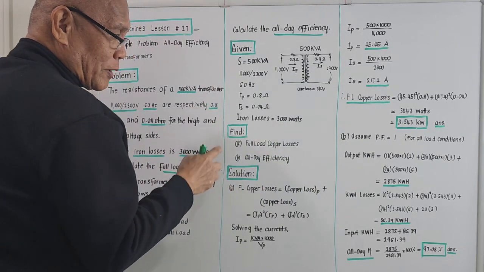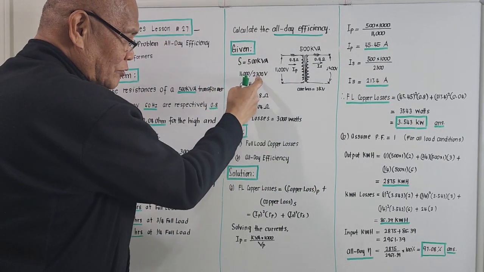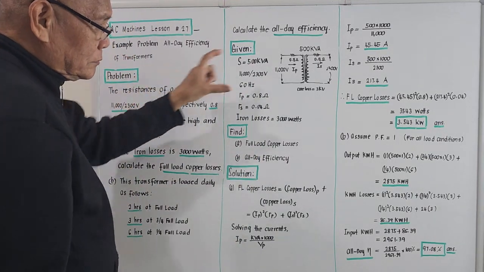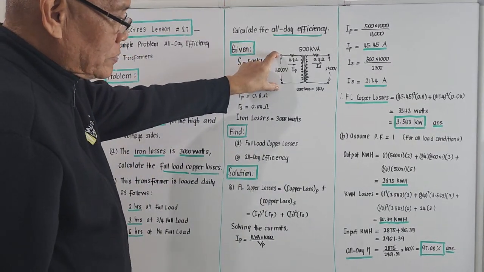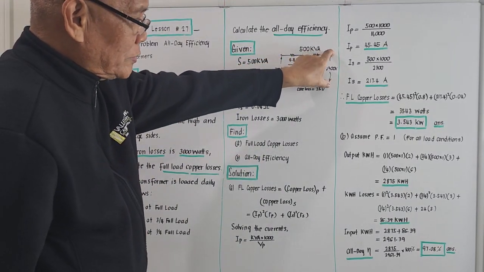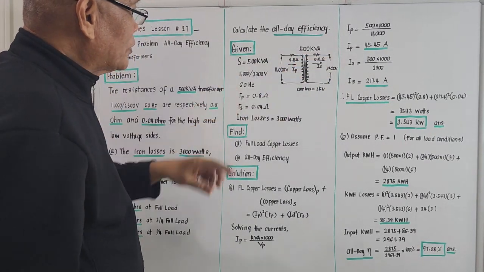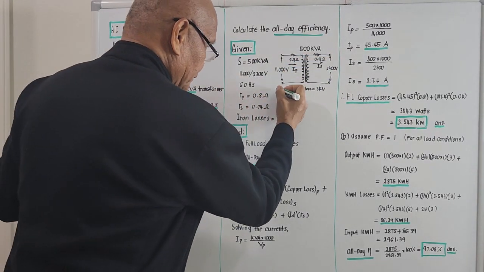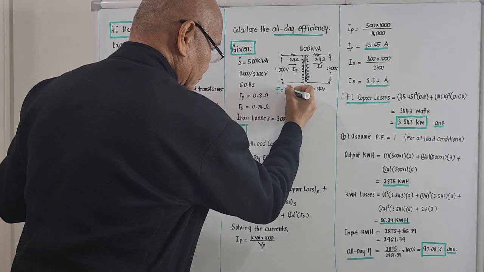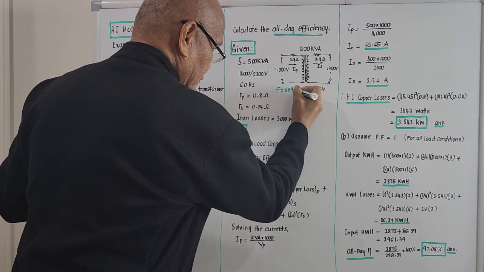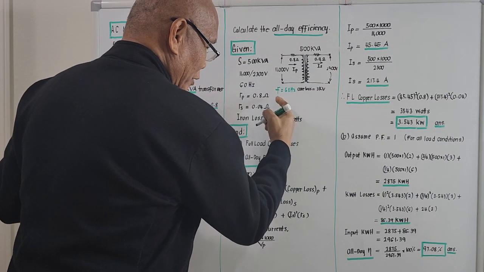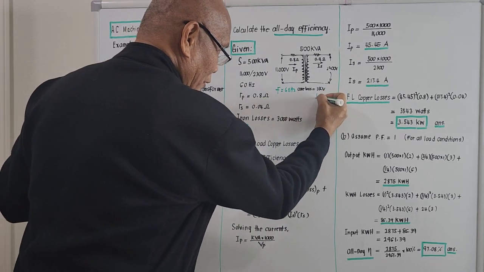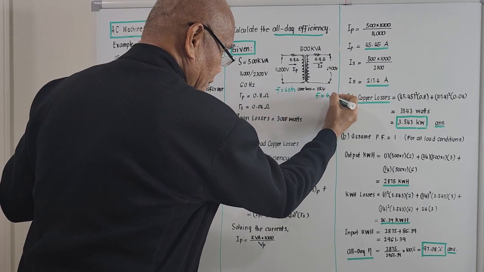The voltage specification is 11,000/2,300. Primary is 11,000. Secondary is 2,300. Frequency is 60 Hz. Frequency of the primary is the same as the frequency of the secondary, 60 Hz.